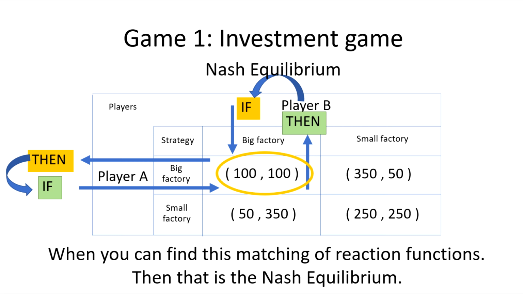Here you see that if you try to build a big factory and you expect that you may gain 350 if another player just builds a small factory, this is just the expectation, but it is not true in reality because other players have to think too. And the most rational choice for him or for her is also the big factory.